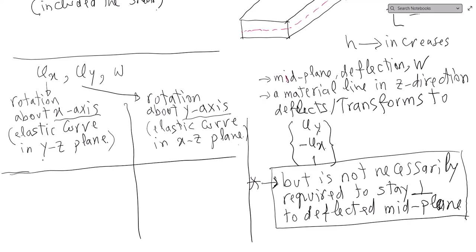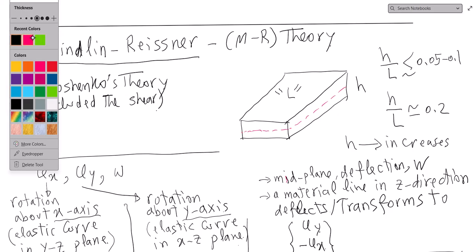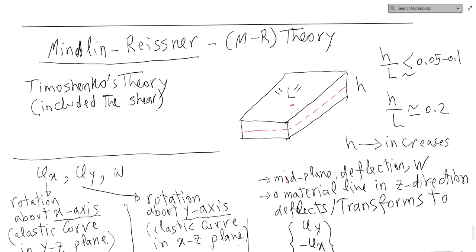So in this one, maybe I start with phi y, which is the rotation about, maybe I also define my coordinates here. So to be clear what we are talking about, the midplane, this is my x, this is my y, and this is my z.